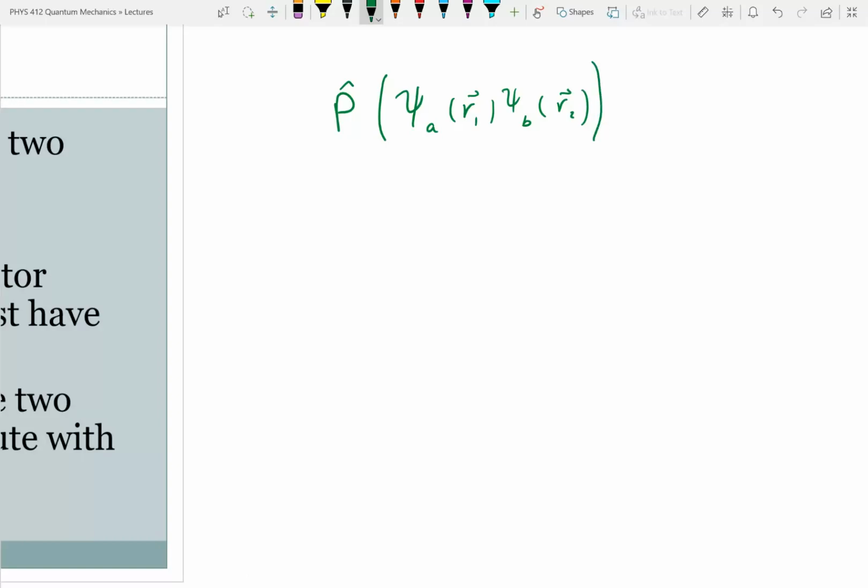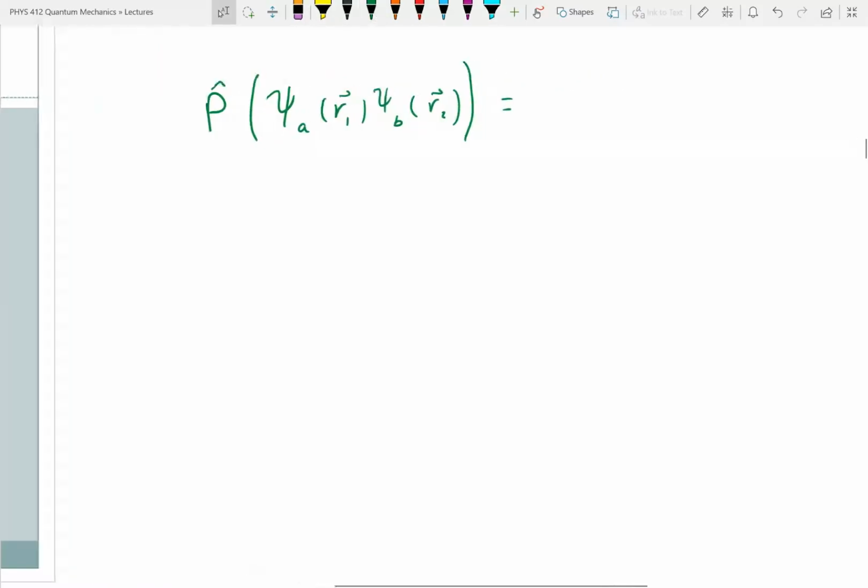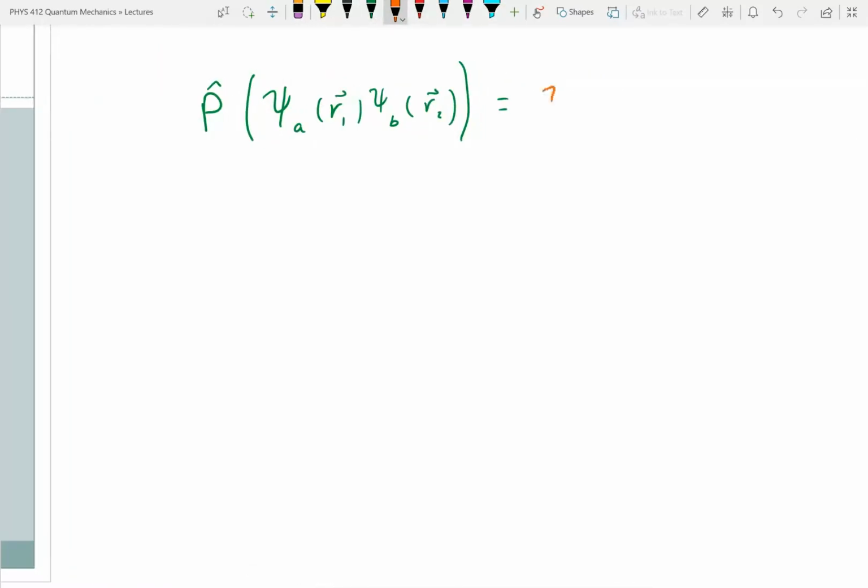Let's just do this here. So the exchange operator is operating on that combination. What it's going to produce is that, right?